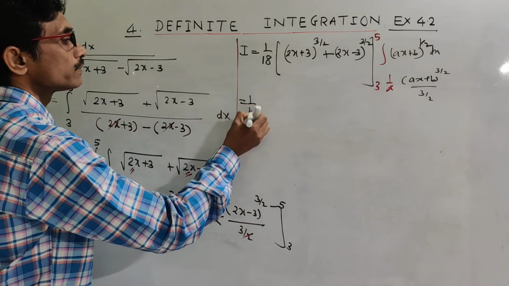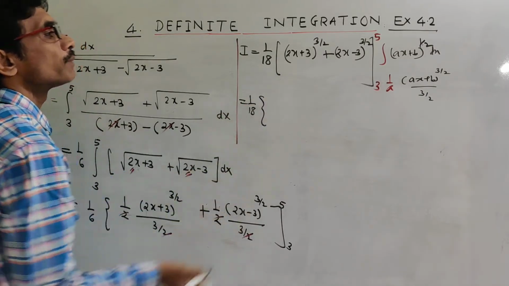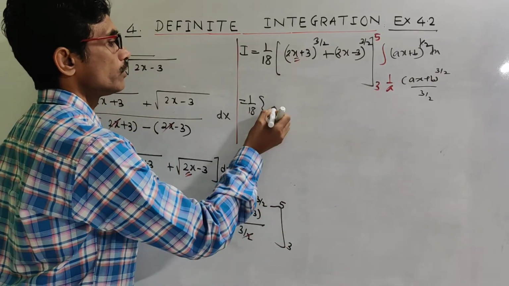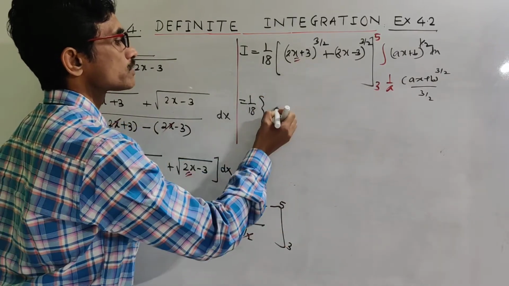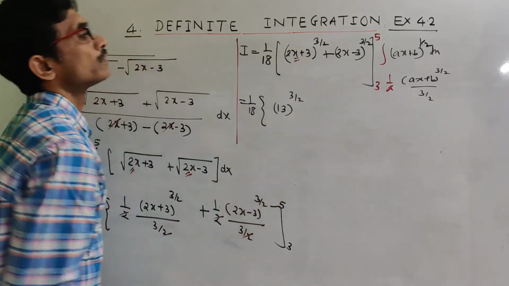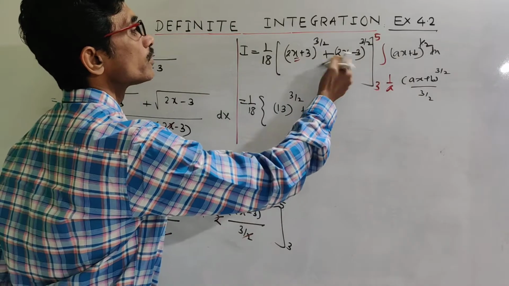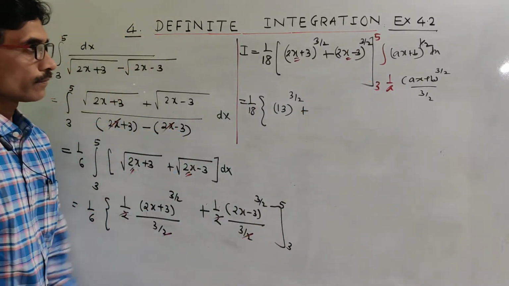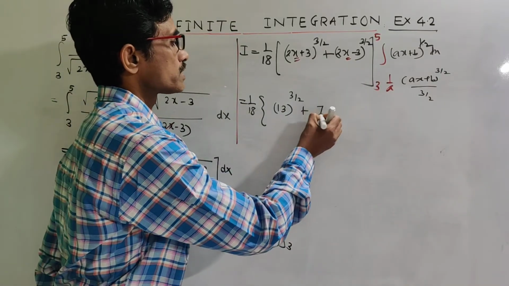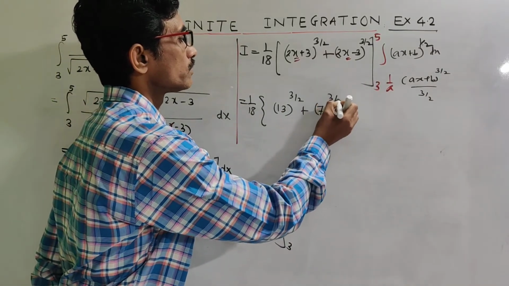So 1 by 18, upper limit 5, so here we substitute 5. 2 into 5, 10, 10 plus 3, that is 13, raised to power 3 by 2. Again here we put the upper limit, that is 5. So 2 into 5, 10 minus 3, 7. So it is 7 raised to power 3 by 2.